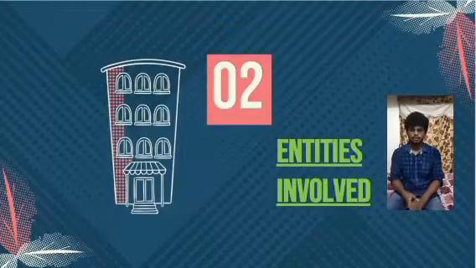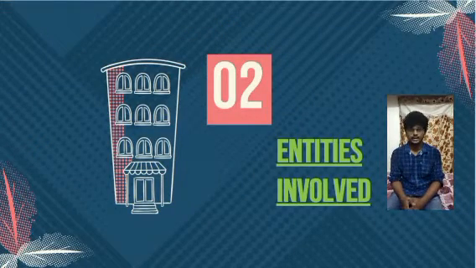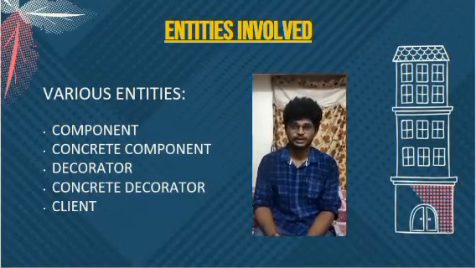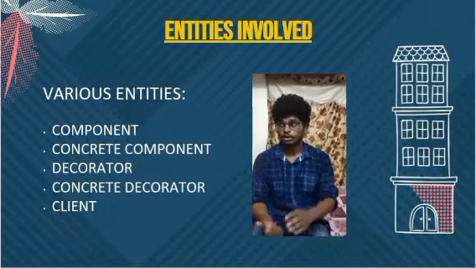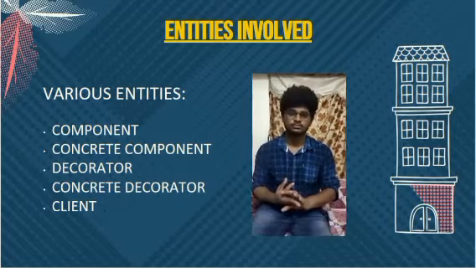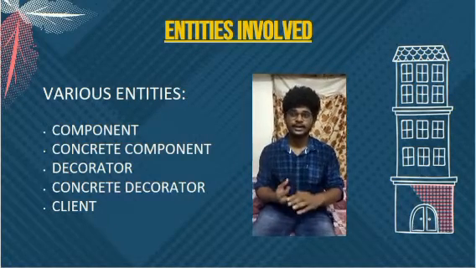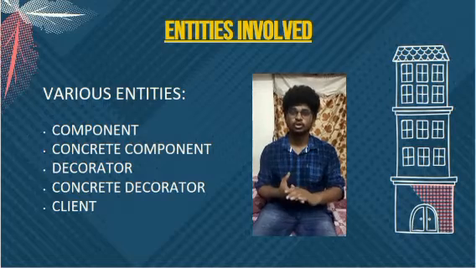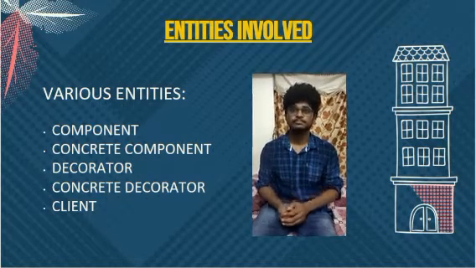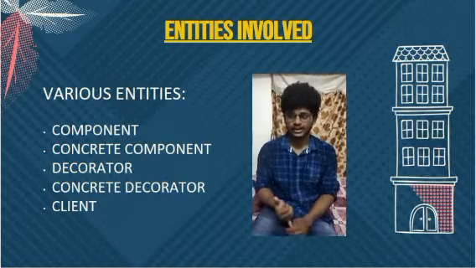Let us discuss the entities involved in decorator pattern. The 5 entities of decorator pattern are: first one, component interface; second one, concrete component; third one, decorator abstract class; fourth one, concrete decorators; fifth one, client. First one, component interface.